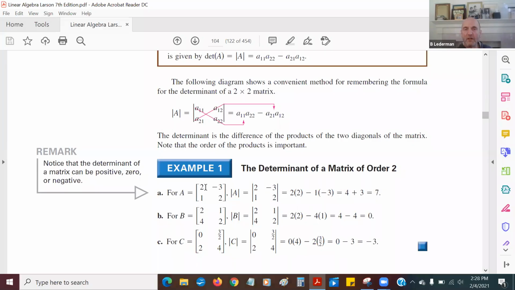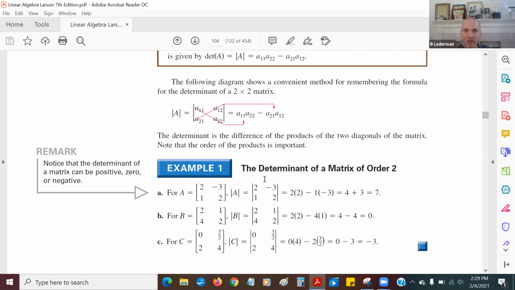So here we have a matrix 2, negative 3, 1, 2. We want to find its determinant. Sometimes it looks like an absolute value sign, just straight vertical lines. If you write the A with the determinant sign around it, that means determinant. Or you write the matrix, but instead of brackets with little tabs on top and bottom, you just write straight lines.